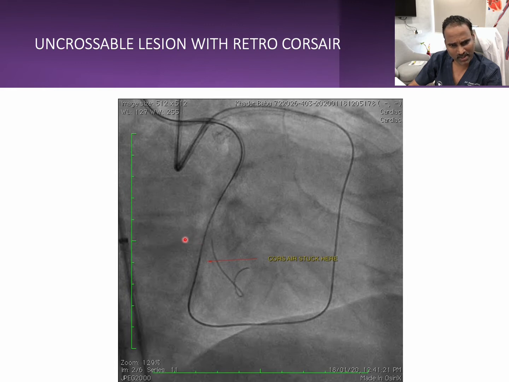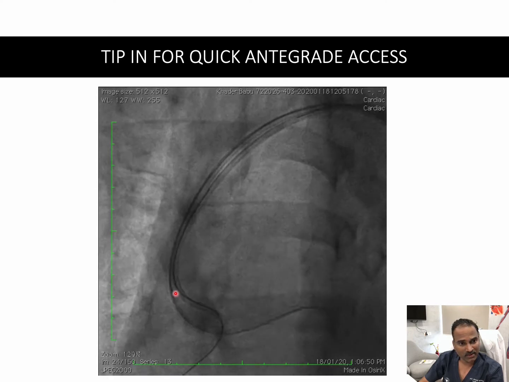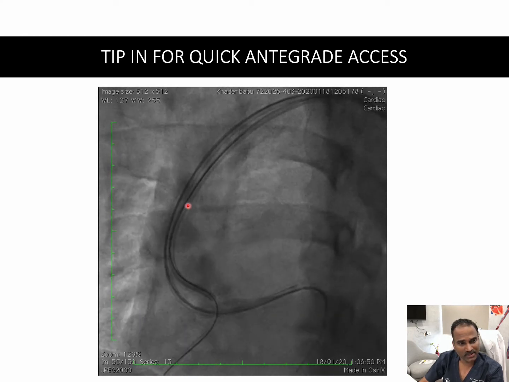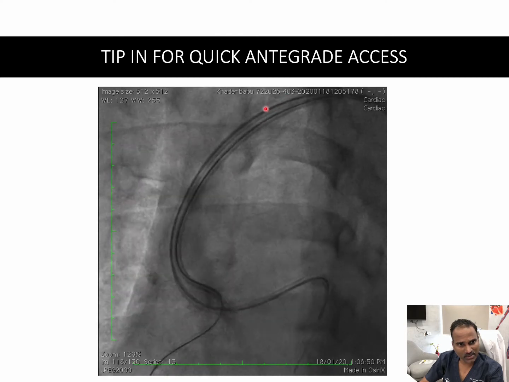This is the point where Gaia 2 was stuck, Gaia 3 was stuck, and only Miracle could advance beyond this point. So that clearly says there is some kind of calcium spike sitting here, which is preventing your retrograde gear going beyond that point. So we took a decision to do a tip-in, in which once your retrograde wire is in the antegrade guide or guide extension catheter, you advance a microcatheter.